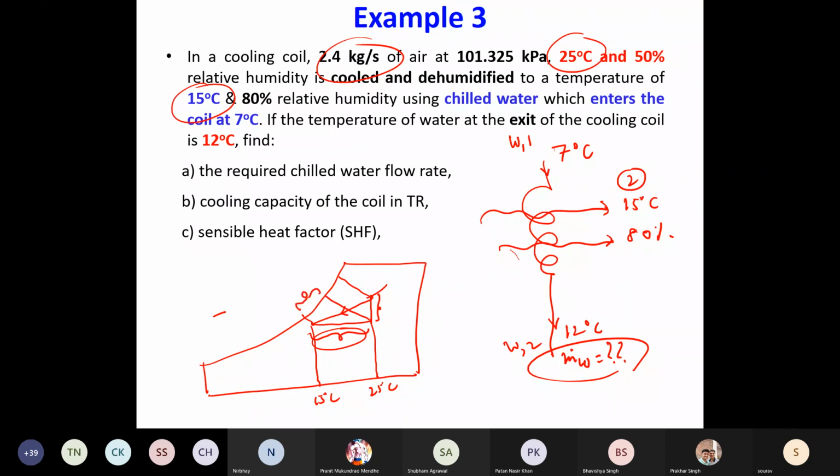So this divided by the total. Now in case you want to write an ES function, then how do you do that? How do you obtain the fraction of sensible component for the process?